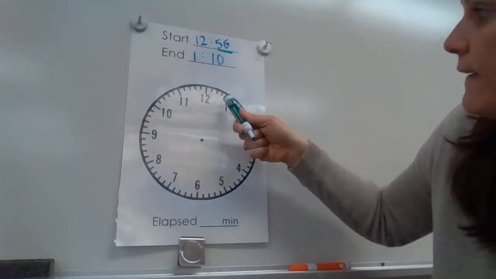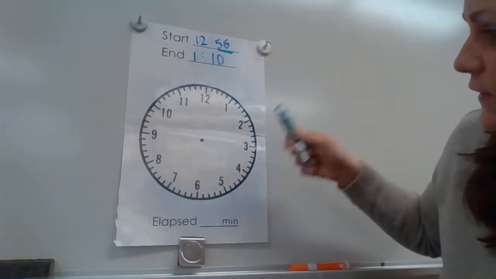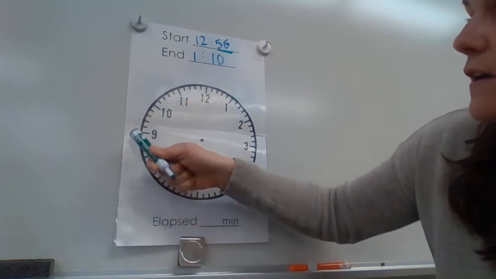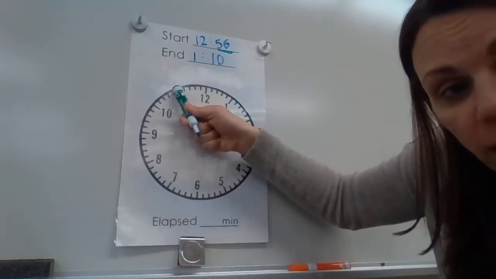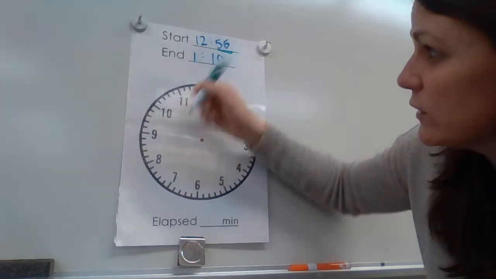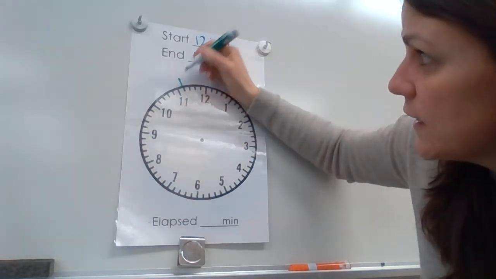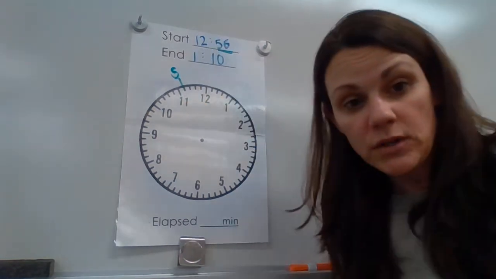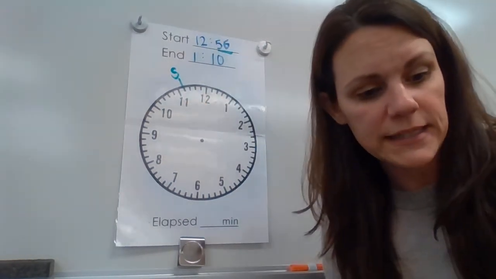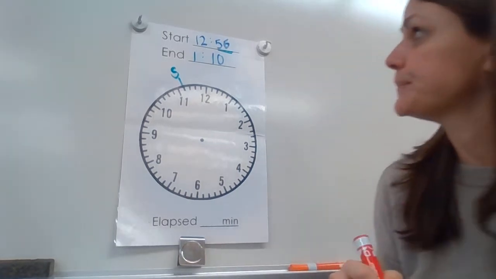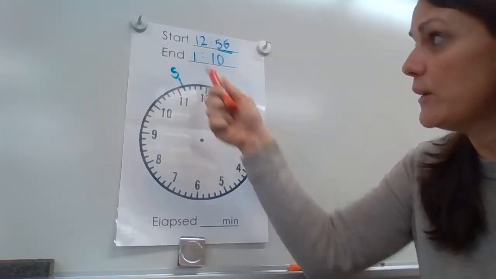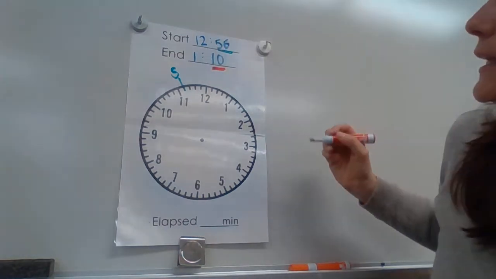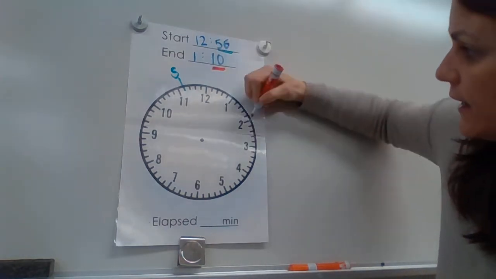Skip count with me. 5, 10, 15, 20, 25, 30, 35, 40, 45, 50, 55. Uh-oh, we have to go one more little tick mark. 56. Okay, so we're not going to be starting on a big number. We'll get to that in a second. End time is 1:10. Again, we don't have to worry about the hour, just the minutes. :10. Ah, that's lovely.